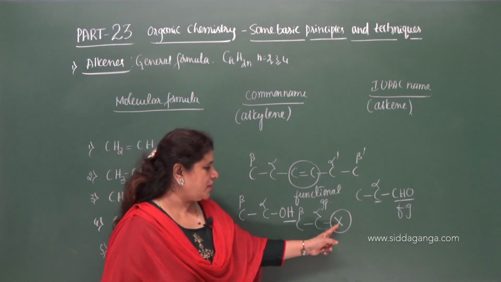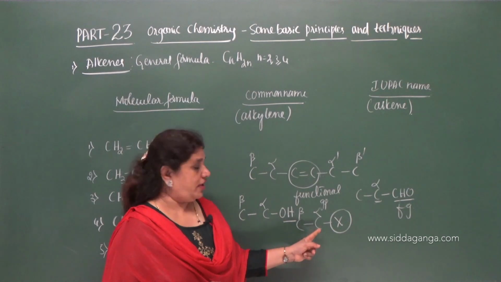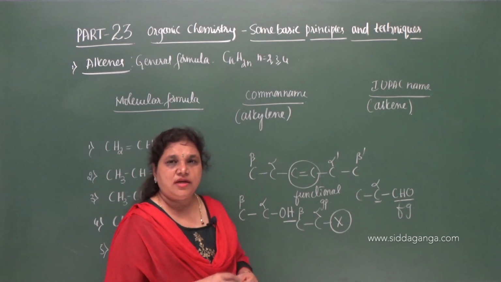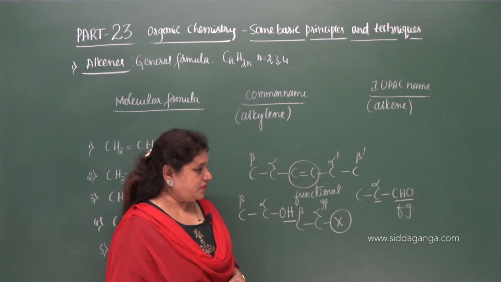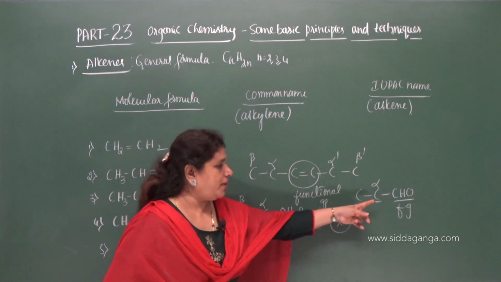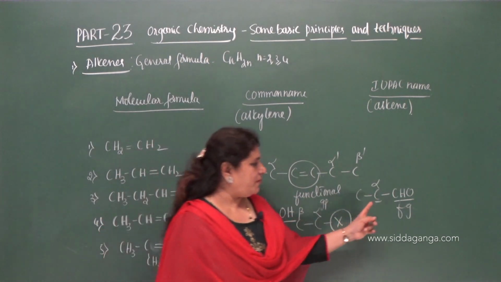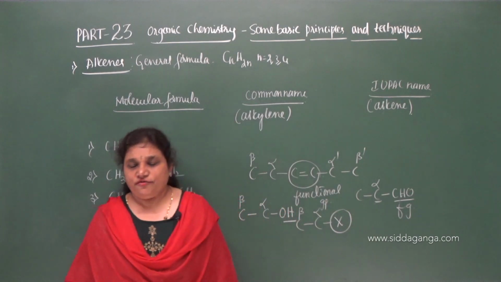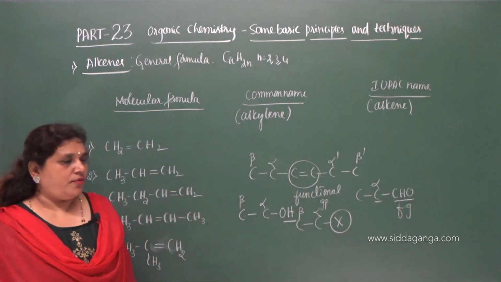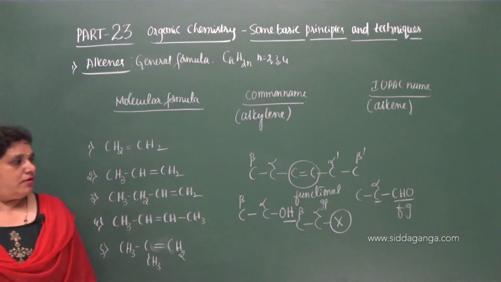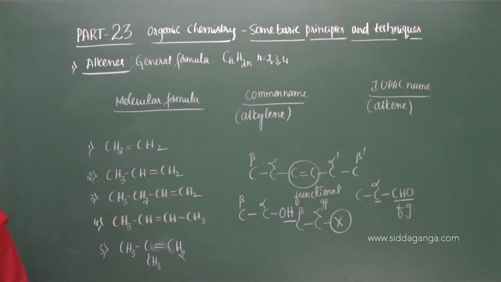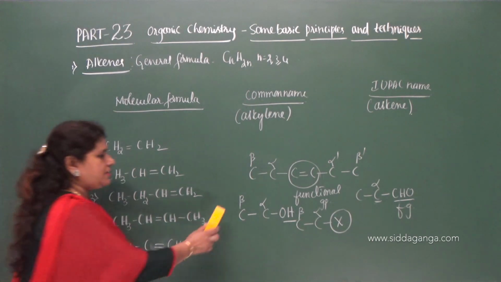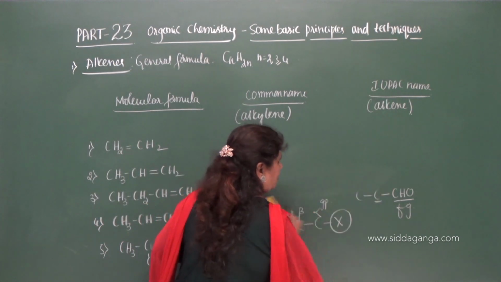And this is functional group and this carbon is alpha. Why this carbon is alpha? Because it is next to the substituent or the functional group. And what about this carbon? This is also alpha because it is next to the functional group. Okay. Now let us move on to the naming of the alkenes, common name and the IUPAC name. Okay, let us move on to the common name.